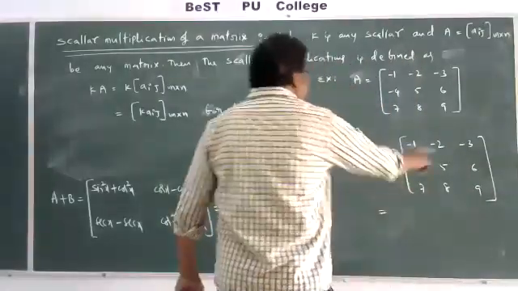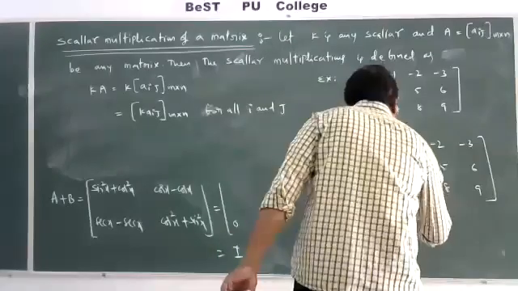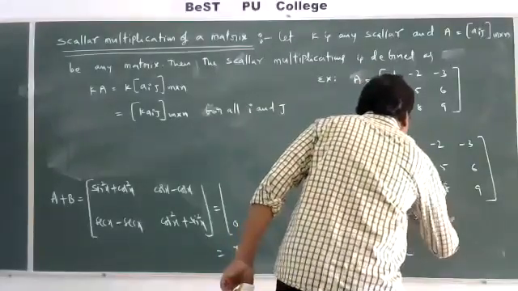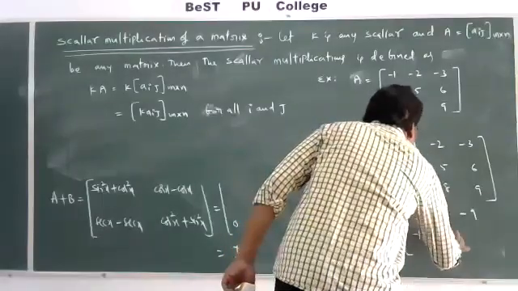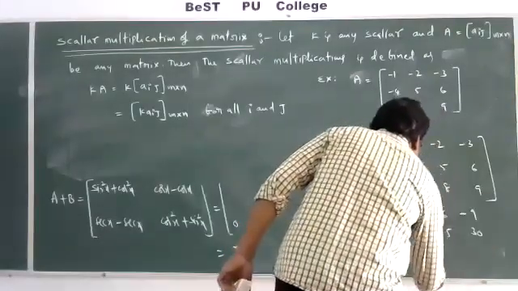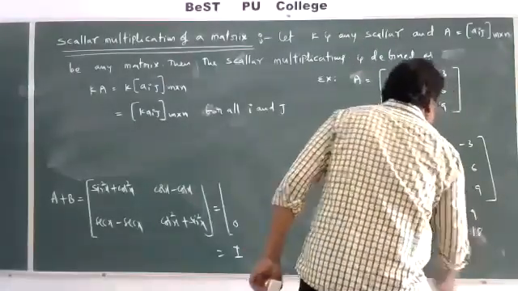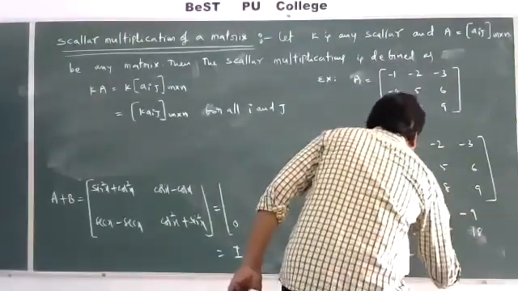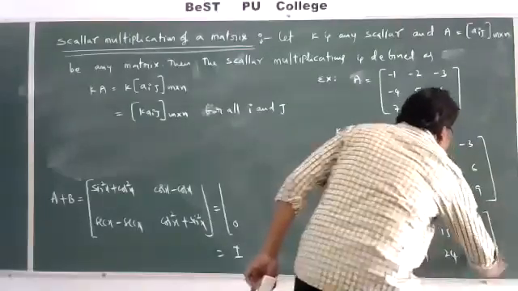Then multiplying all the elements with 3, you get minus 3, minus 6, minus 9, minus 12, 15, 18, 21, 24, 27.